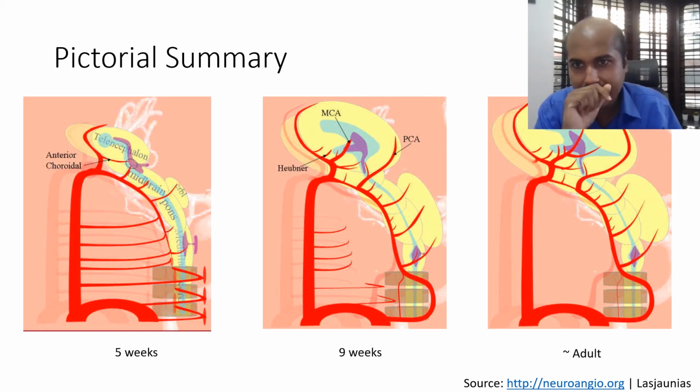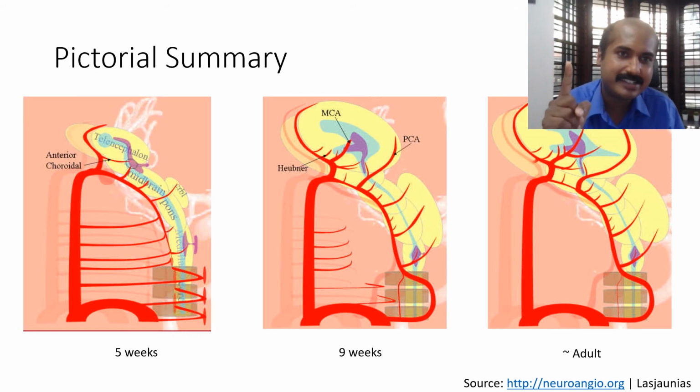The tactile artery is actually developing from the carotid. This is the reason why it is called fetal PCOM or the fetal PCA. The tactile artery is going to develop into the PCA. So the PCA was embryologically part of the carotid system. And if the PCOM is sufficiently large, then the carotid is going to supply the PCA. So that is why it is called a fetal PCA or fetal PCOM.